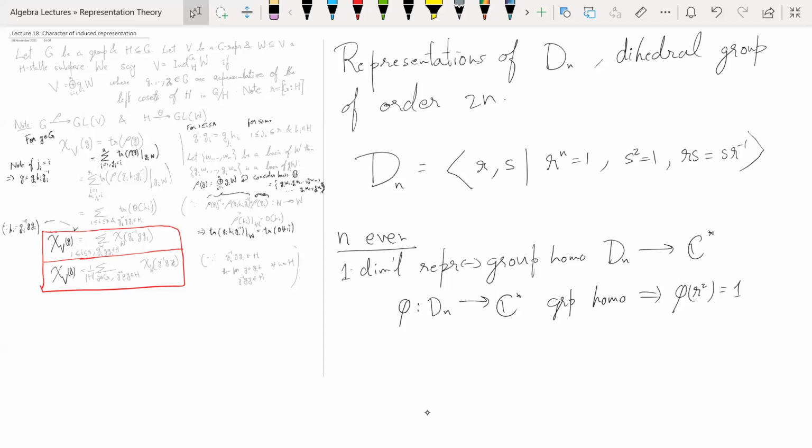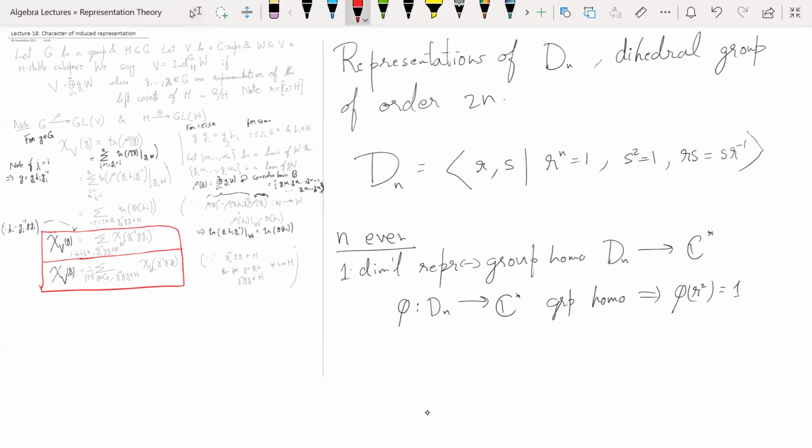We already saw the cyclic group and S3. That's why I gave you the problem in the quiz on the direct sum of that. So let's do representations of the dihedral group D_n. Remember, D_n is of order 2n. Some people use D_2n as the notation. You can interpret it as symmetries of a regular n-gon.